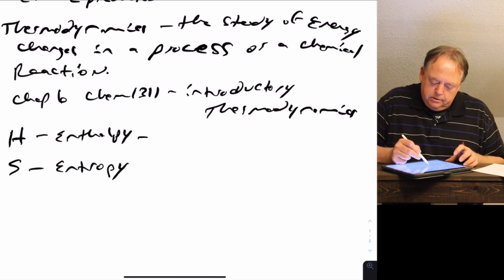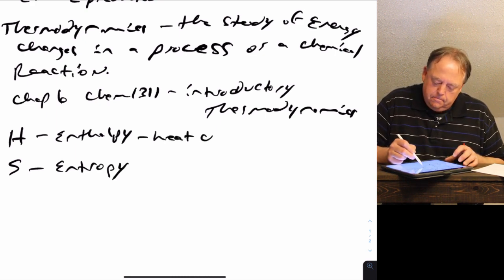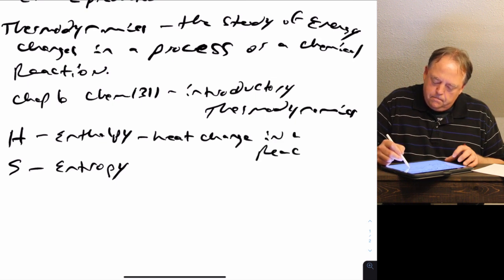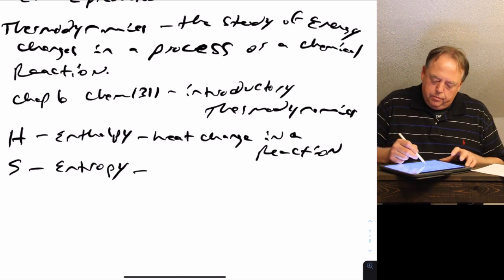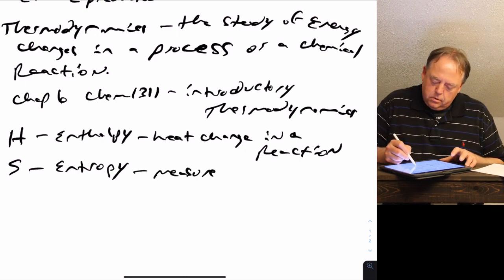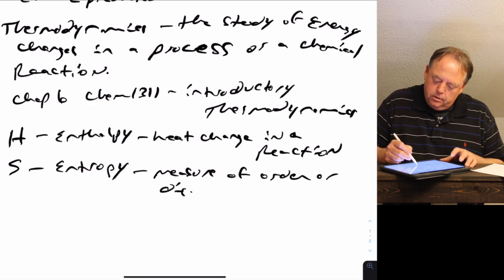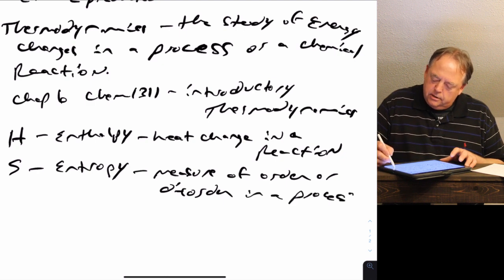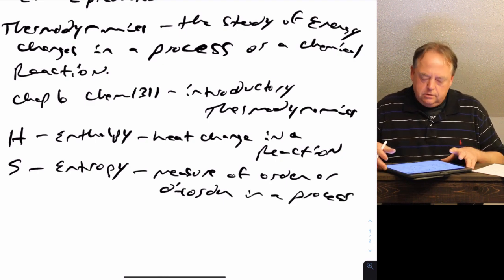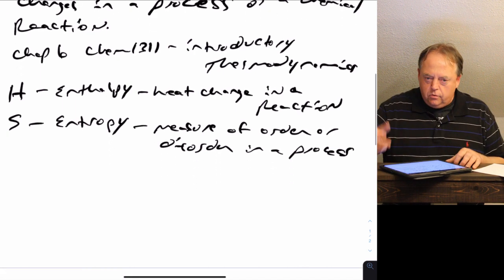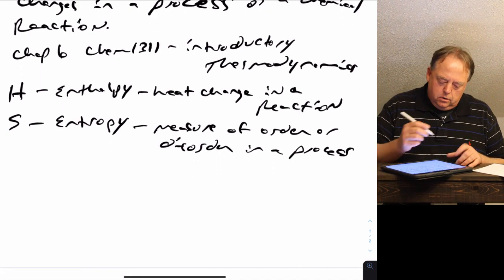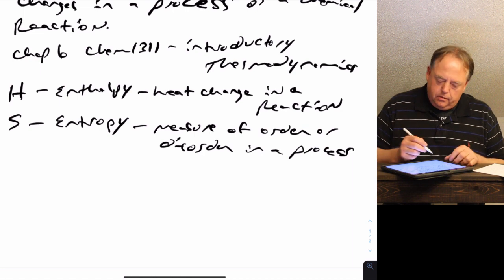So enthalpy is the heat change in a reaction, and entropy is a measure of order or disorder in a process or a reaction. So same with enthalpy, heat change in a reaction or a process. So we'll talk a little bit about enthalpy right now.